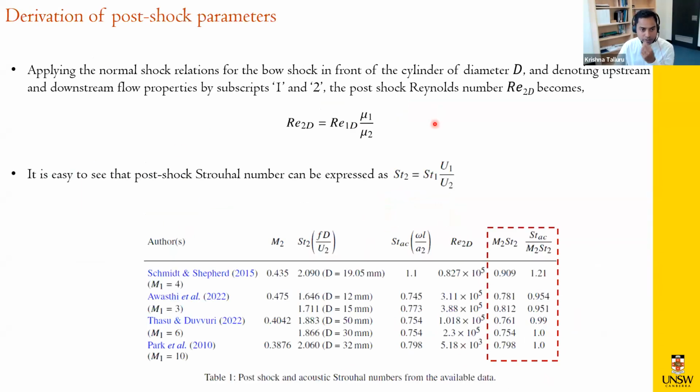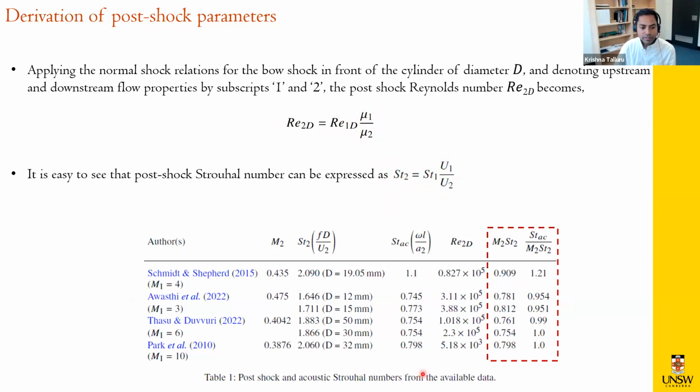So here, because we want to compute RE2D, for the reasons I explained earlier, I'm just going to estimate it based on the pre-shock conditions, but by multiplying by the corresponding viscosities, because the temperature changes and the viscosity changes post-shock. And we can also derive the Strouhal number ST2 based on the upstream Strouhal number definition.